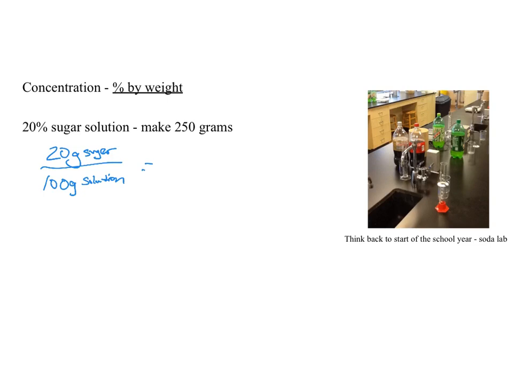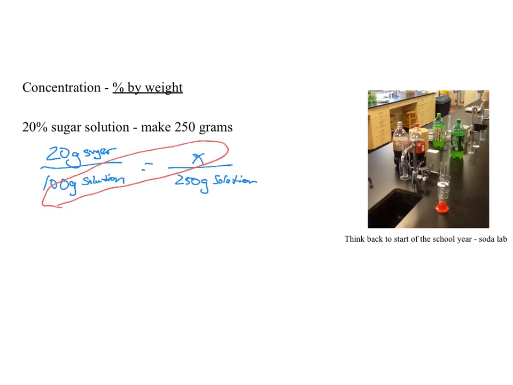And now I want to make 250 grams of solution. How much sugar would I need to add to that? That's my X, what I'm trying to find. So the way that I set this up, now I have this proportion, right? And hopefully we know how to solve this by now. We're going to cross-multiply and divide.